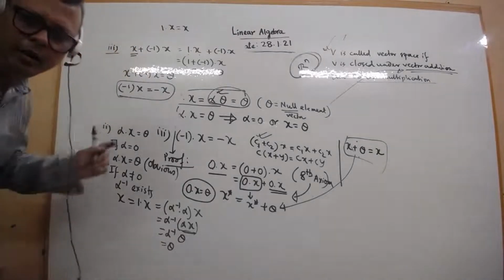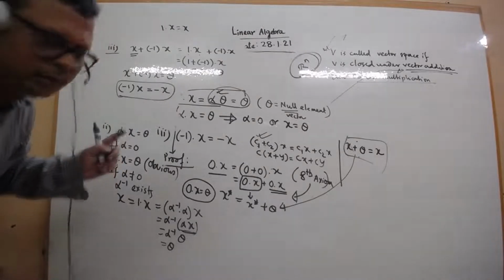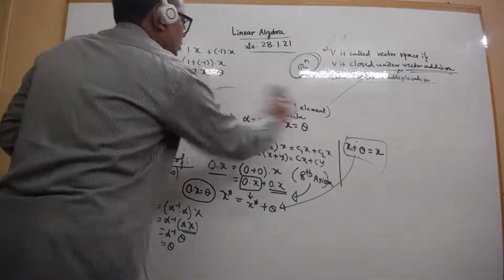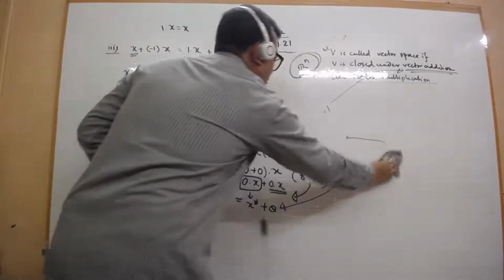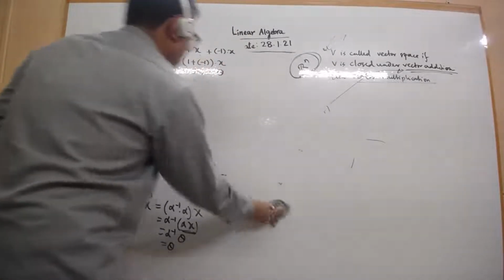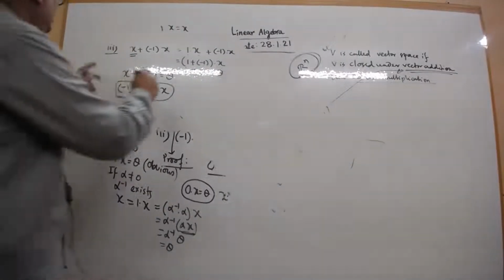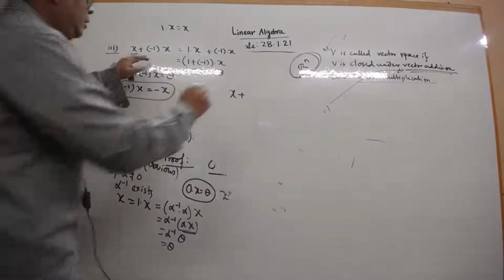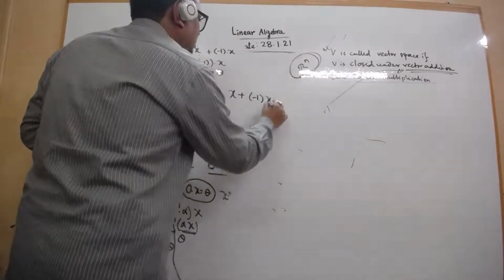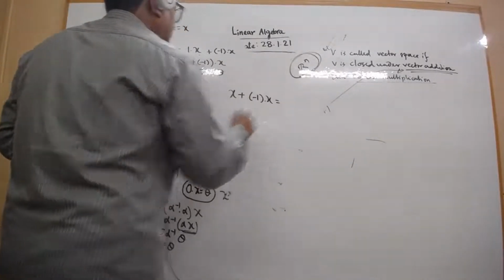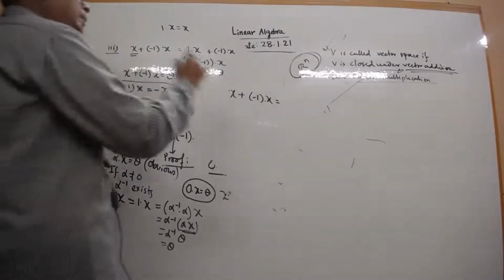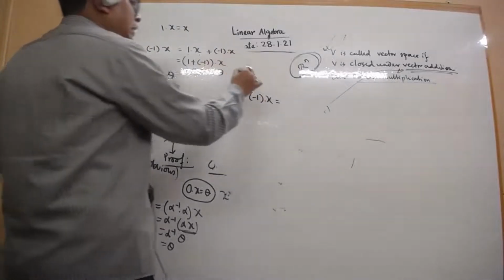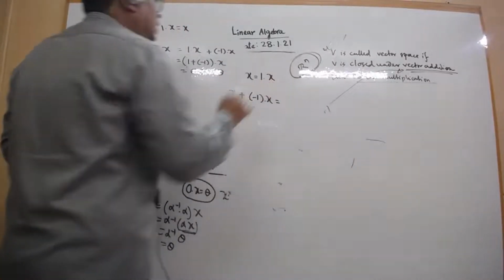Can I repeat this proof again? Okay, please wait. x plus minus 1x. Okay. Since V is a vector space, so I think axiom number 5th or 6th, I mentioned this axiom x is equal to 1 into x.